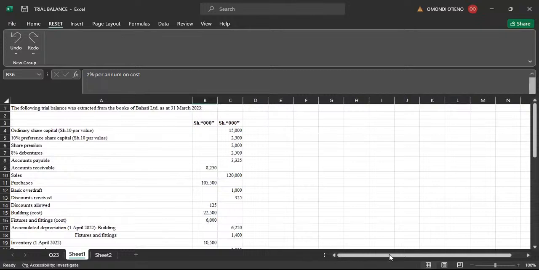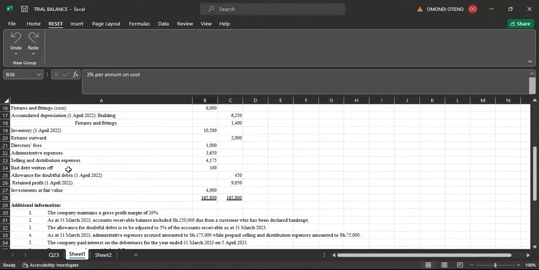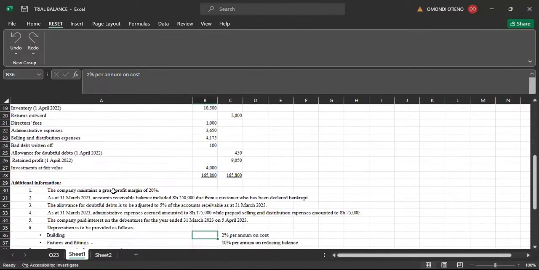Remember, they are not giving us the closing inventory, but they are telling us that the company maintains a gross profit margin of 20%. The moment we see margin, profit margin, it will always be divided by the sales.